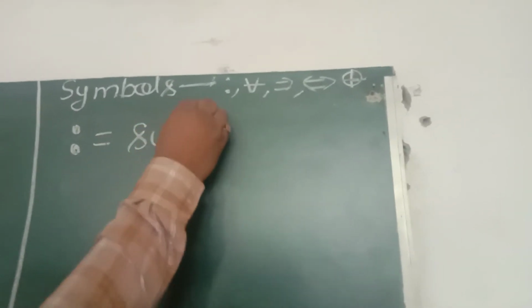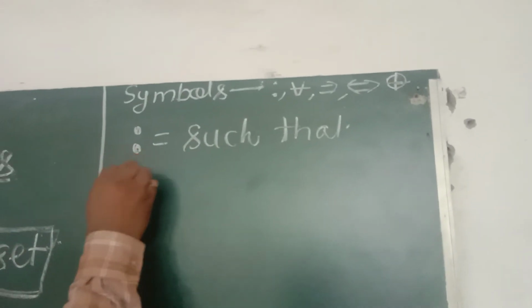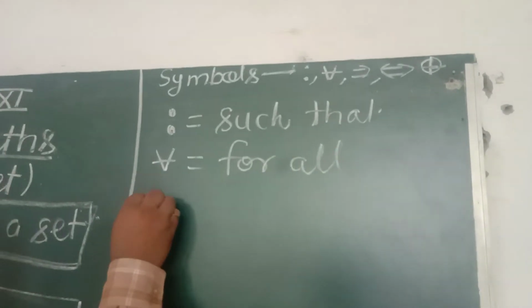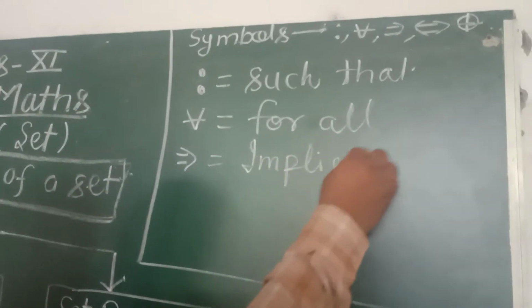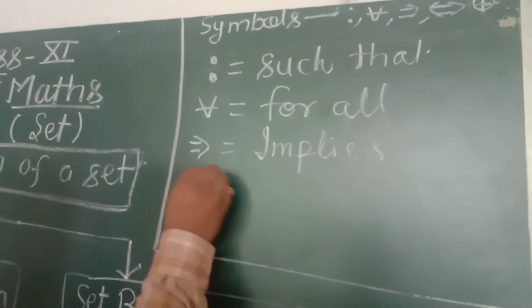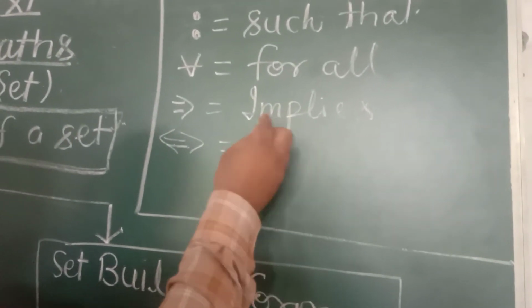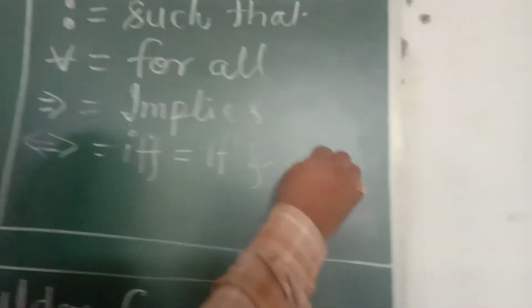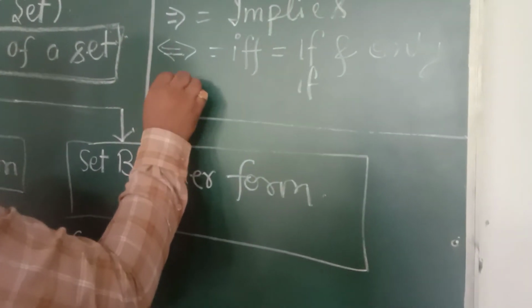These are the symbols used in set theory. This is the symbol of such that. This is the symbol of for all. This is the symbol of implies. This is the symbol of if and only if. IFF, you can write it in a simple way as IFF, but read it as if and only if. This is the symbol of belongs.